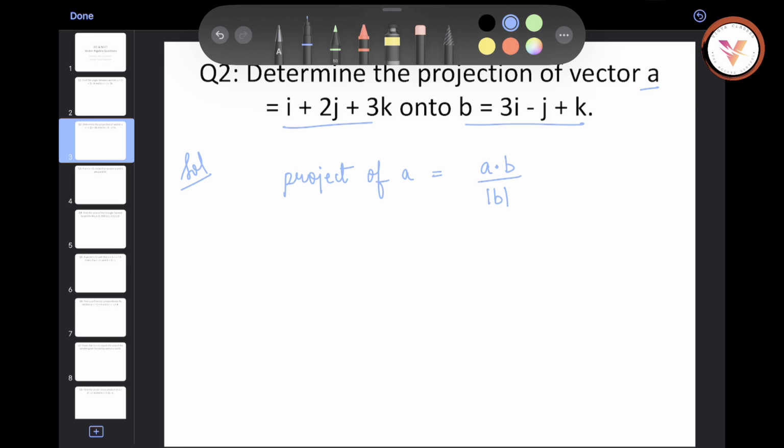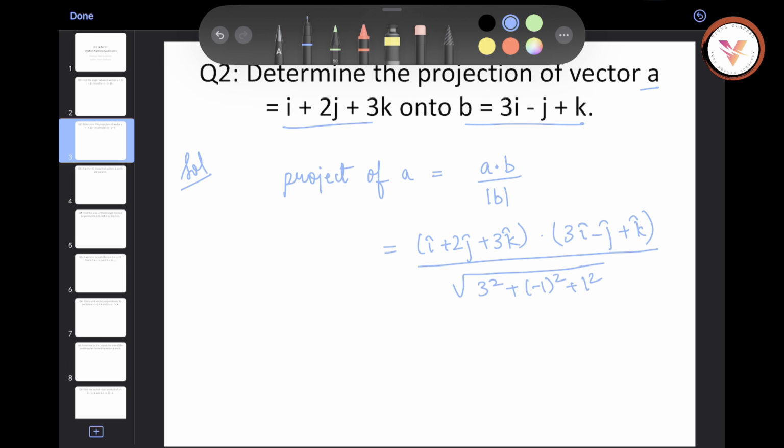So first you can calculate A dot B, that is i cap plus 2j cap plus 3k cap dot product of 3i cap minus j cap plus k cap, and the magnitude of B vector is square root of 3 square plus minus 1 square plus 1 square.